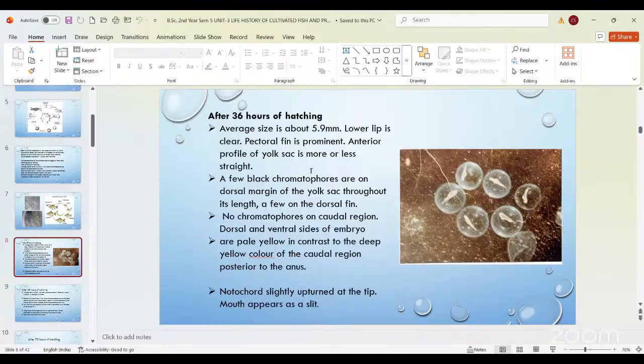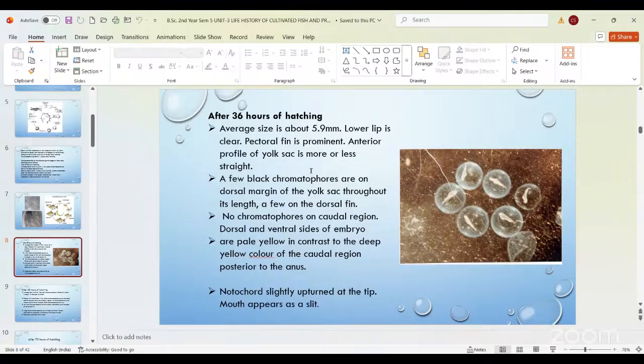Now let us see how it looks after 36 hours of hatching. Average size is about 5.9 mm. Lower lip is clear. Pectoral fin is prominent. Anterior profile of yolk sac is more or less straight. A few black chromatophores are on the dorsal margin of the yolk sac throughout its length, and a few on the dorsal fin.